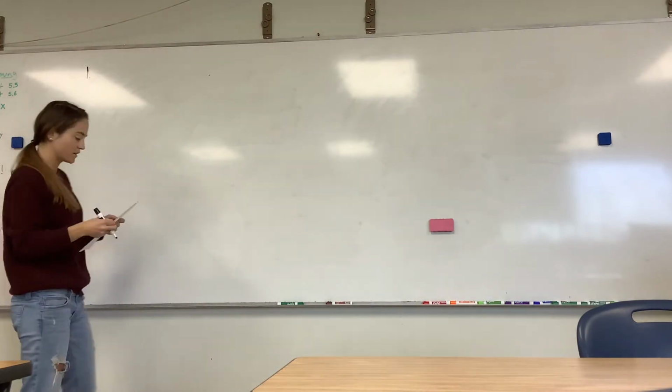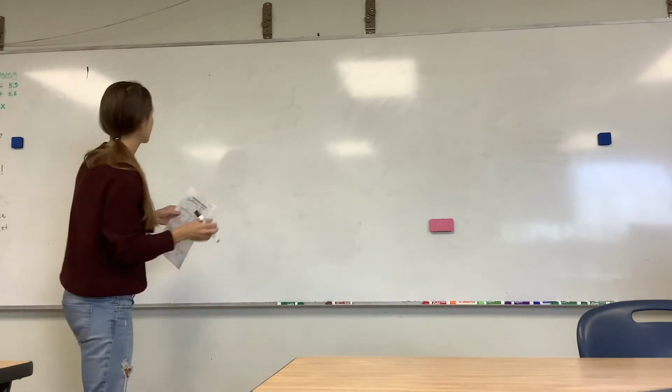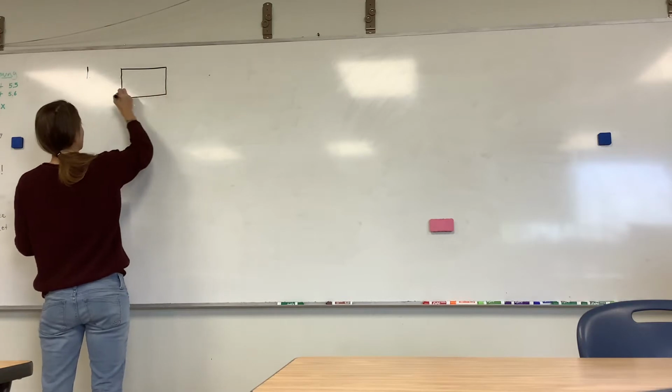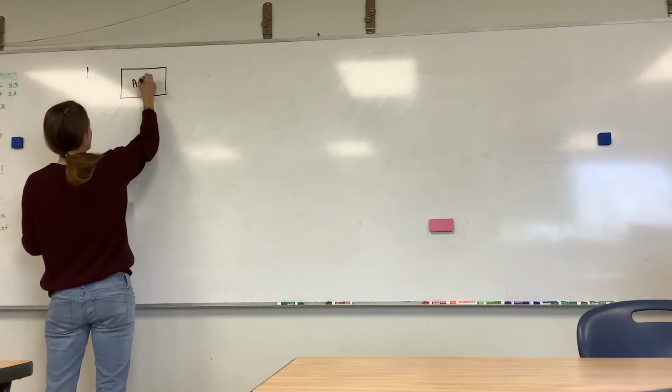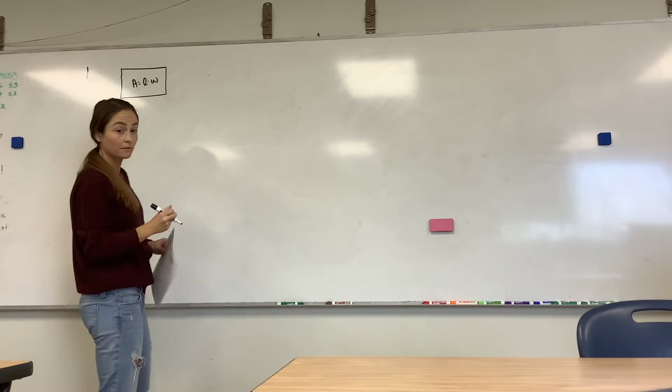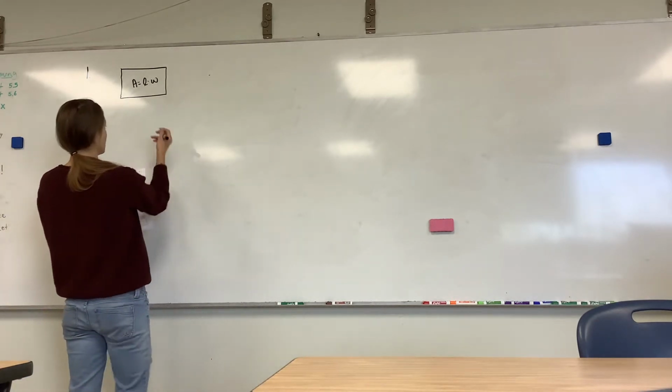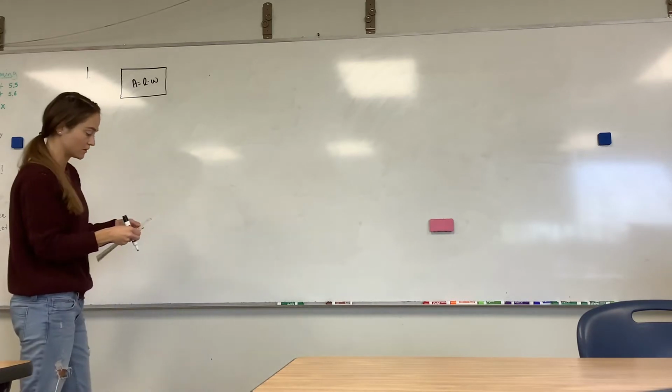Number 1 says find an expression to represent the area of the rectangle. So if we have a rectangle, we know that area equals length times width. At least I hope that we know that. Here, I give you a length and a width, so we just need to multiply those two rational expressions together.